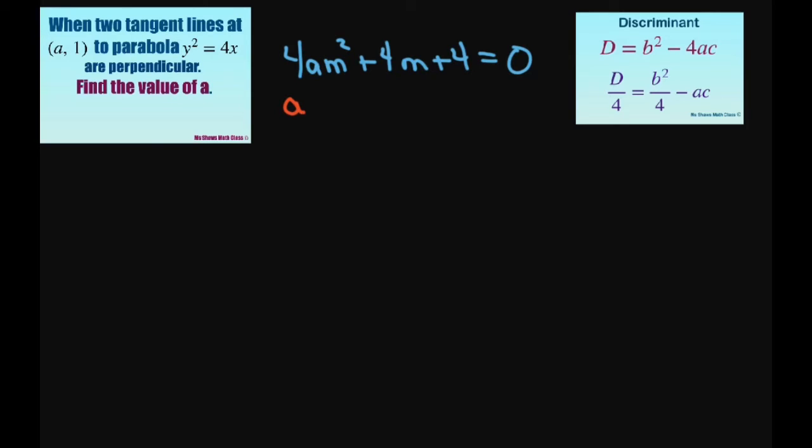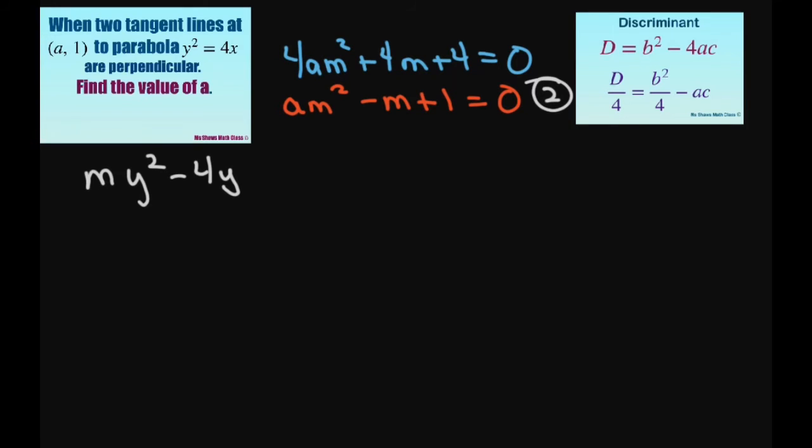That would give me am squared minus m plus 1 equals 0. Let's call this equation 2. Our equation 1 was m y squared minus 4y plus 4 times (1 minus ma) equals 0.